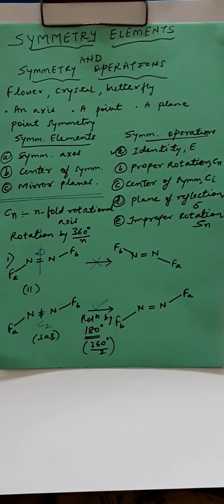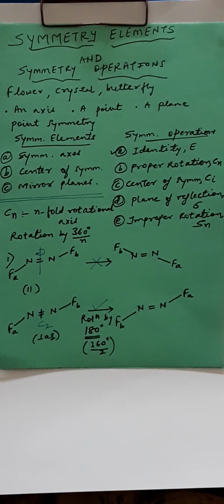Now when I say identity, what is this identity? As we know, it is specified by E. This is basically the molecule itself, its own identity, the configuration of that molecule itself. Then the question is why it is important.